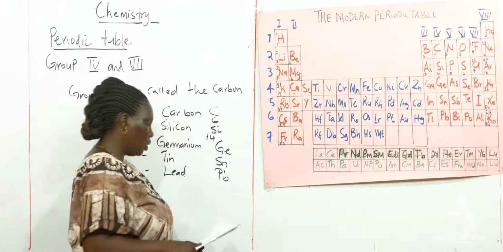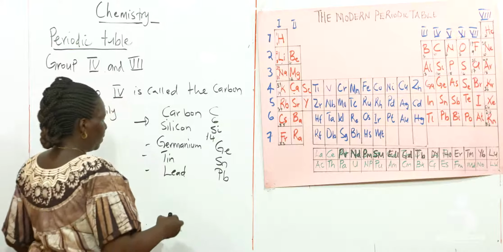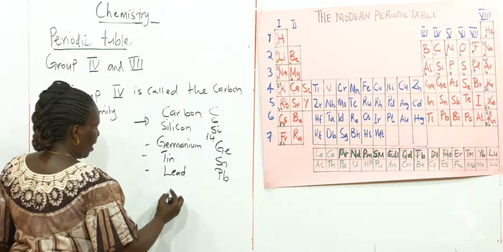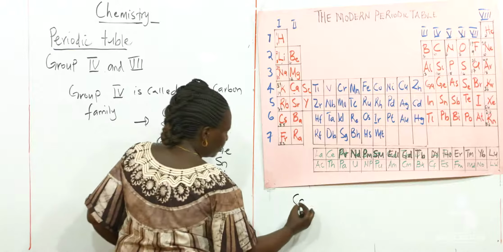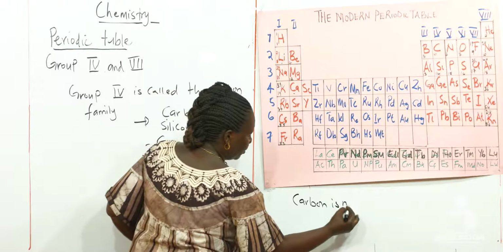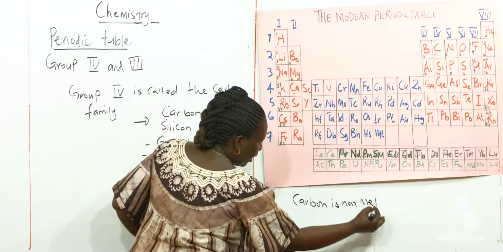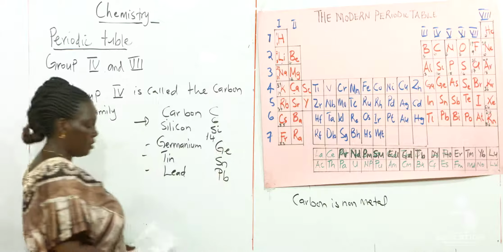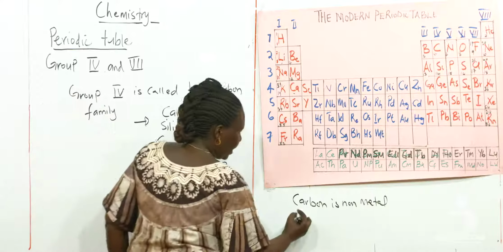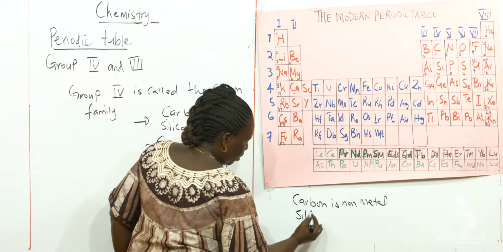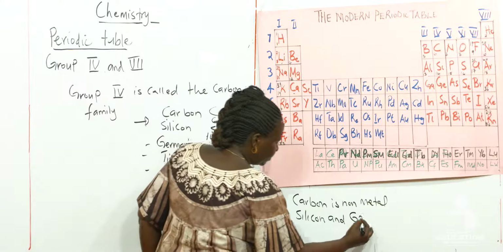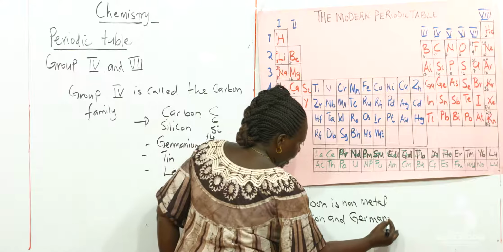Around in this group, carbon is a non-metal. Then we have silicon and germanium, which are metalloids.